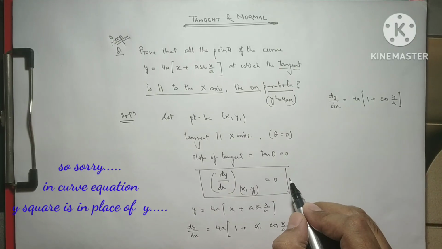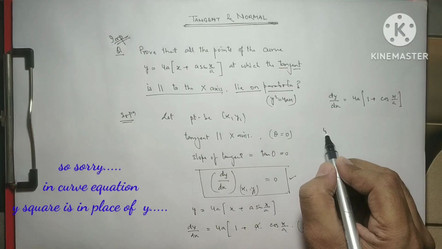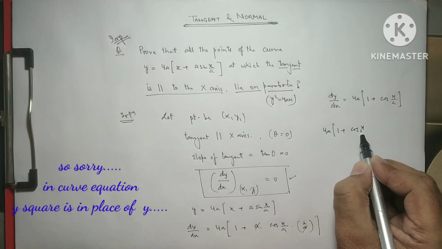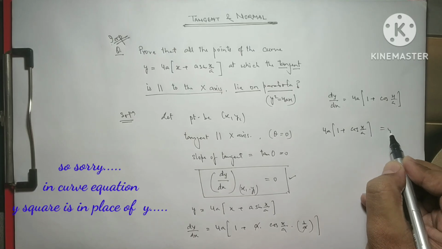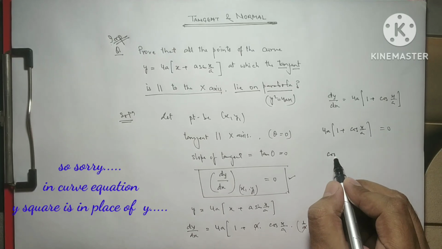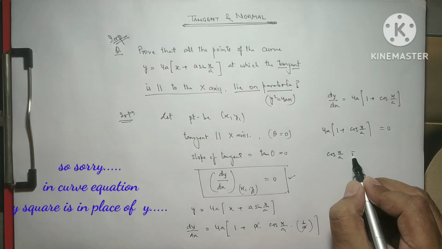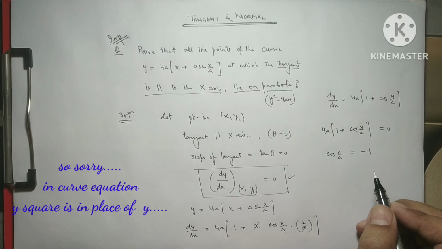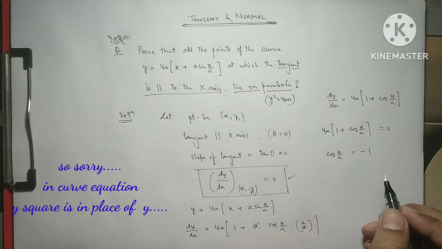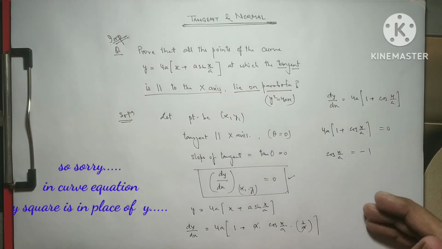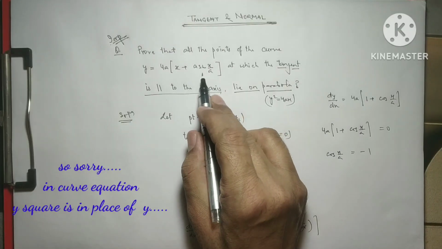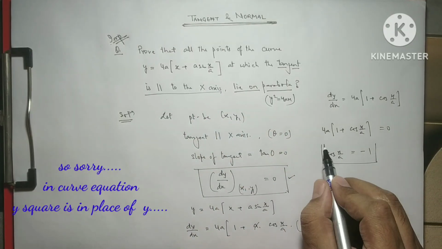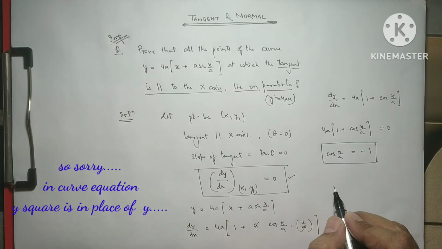Now we apply this condition, that means 4a (1 plus cos x over a) equals 0. It means cos x over a equals -1. Now according to the question we have sin x over a, so we convert it in the form of cos.